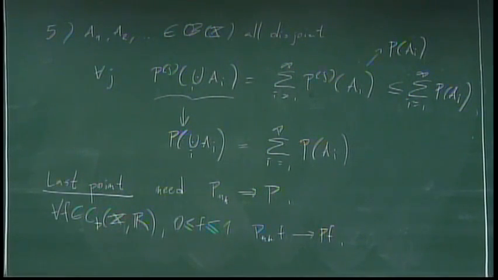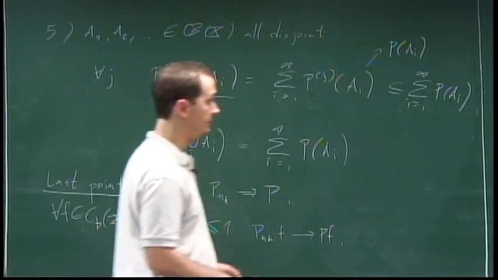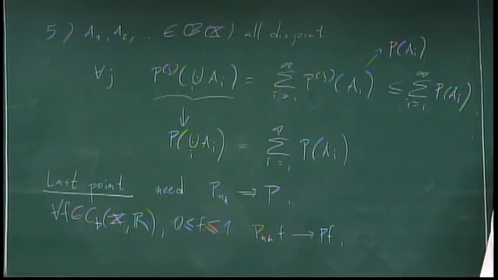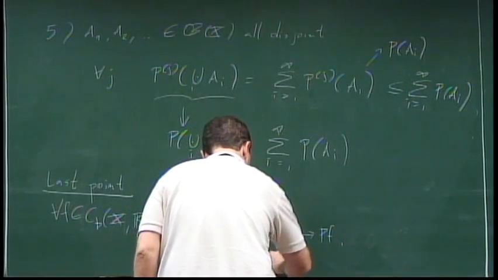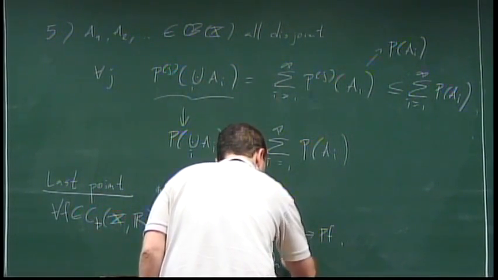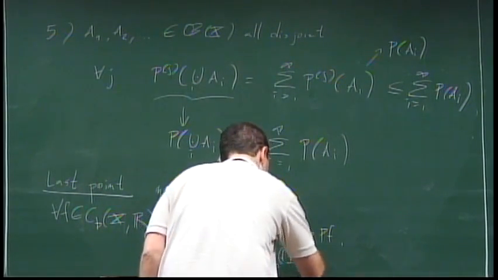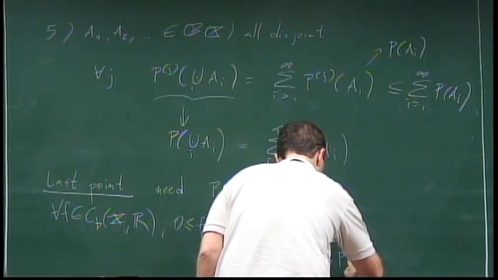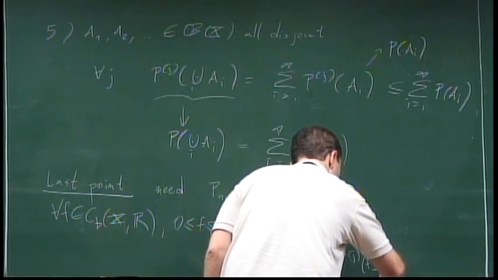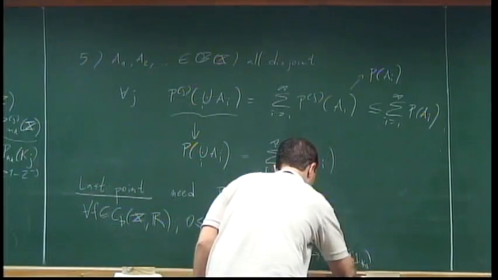Now, we need to show this. And how do we do that? Okay, so we know that P_{n_{k_j}} of f times the indicator of K_j converges to P_j of f restricted to K_j.